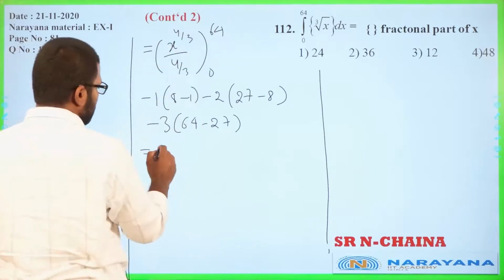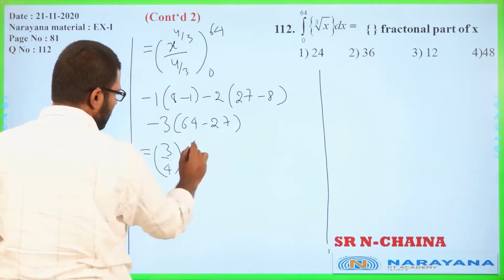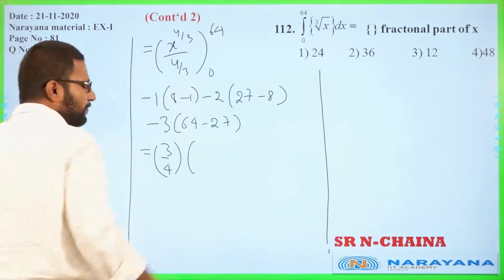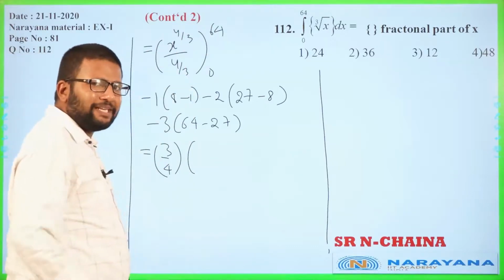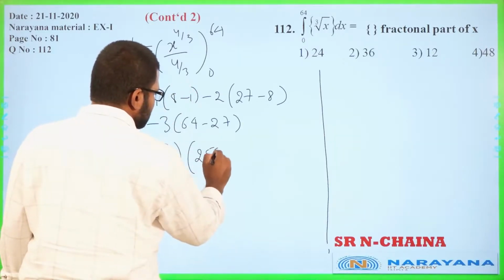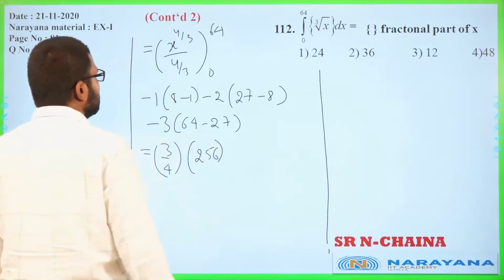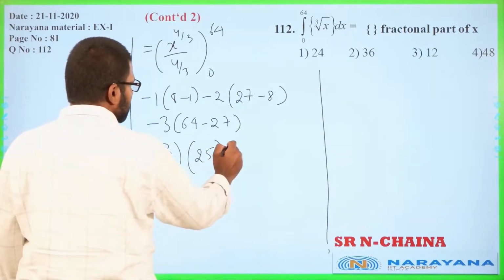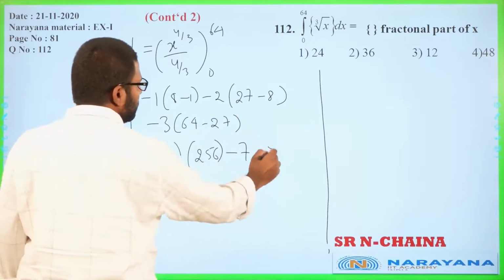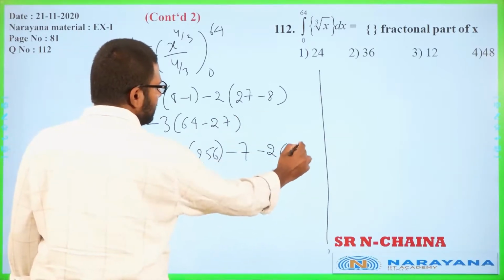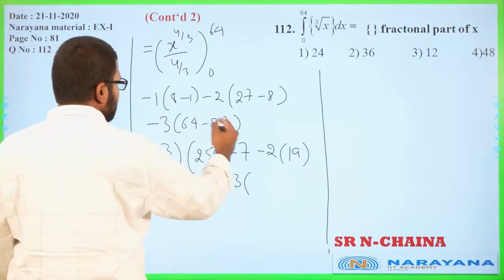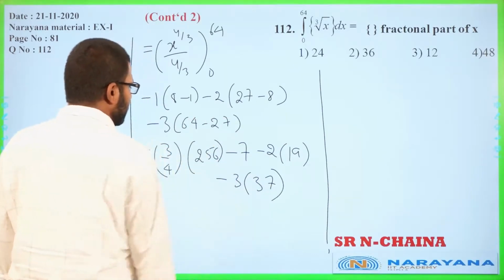So this one would be 3/4 into x raised to 4/3, 64 raised to 4/3 now. 64 raised to 1/3 is 4, 4 raised to 4 is 256, right? And then minus 7, and then minus 2 into 19, and minus 3 into 7 and 3, right?